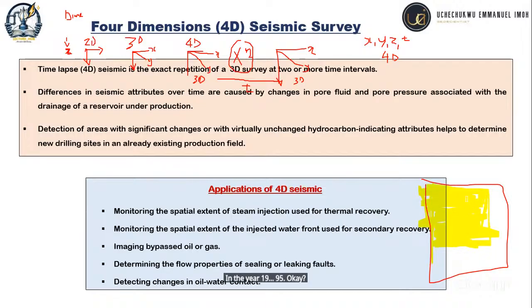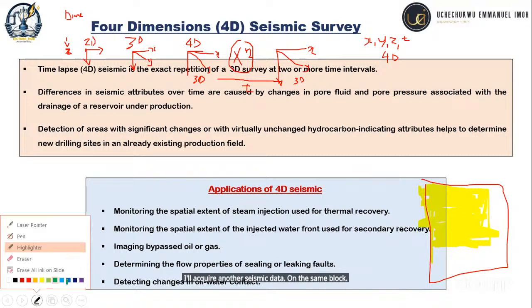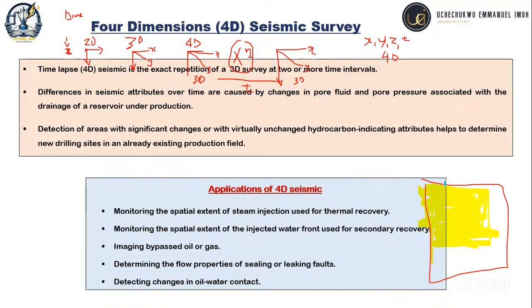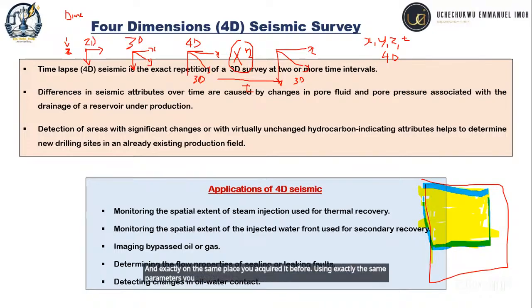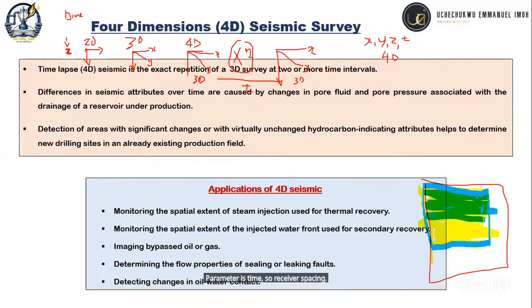If you go back to that same block in the year 2025 and acquire another seismic data on the same block, exactly in the same place you acquired it before, using exactly the same parameters you used to acquire the seismic data before, parameters in terms of receiver spacing, shot spacing, receiver location, exactly the same location, no changes.